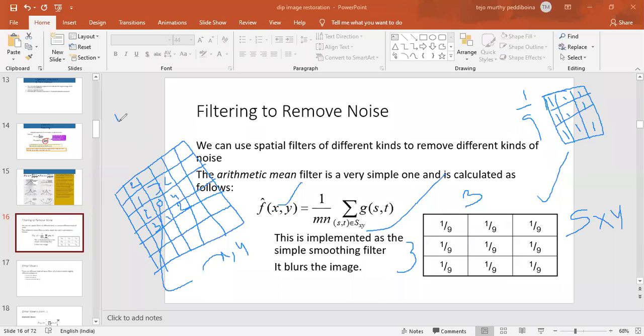Then what will you get? 1 plus 3 plus 2 plus 2 plus 0 plus 4 plus 3 plus 1 plus 2. It means we are adding all the neighborhood values and dividing by 9.